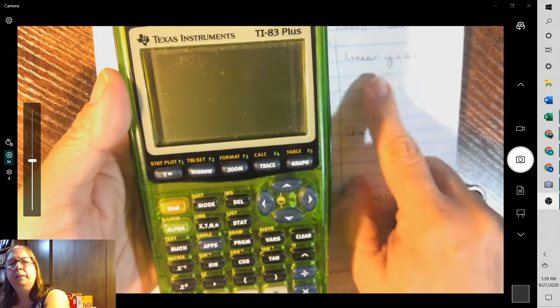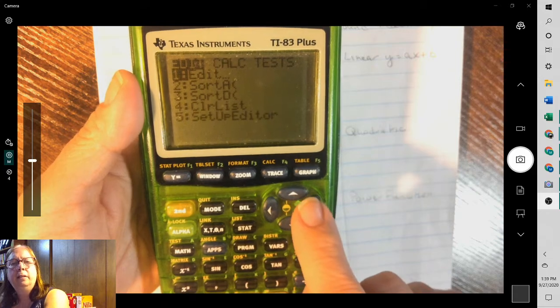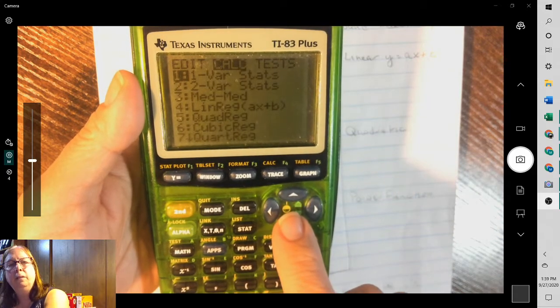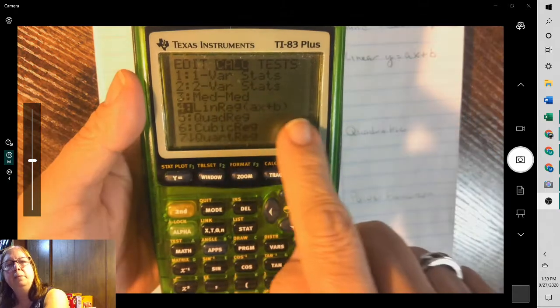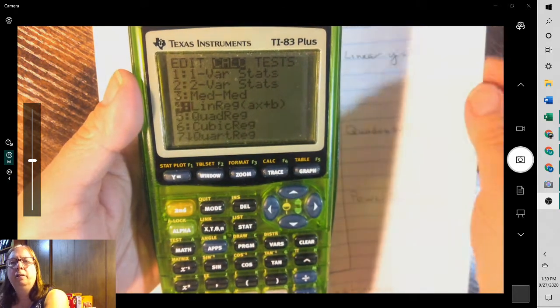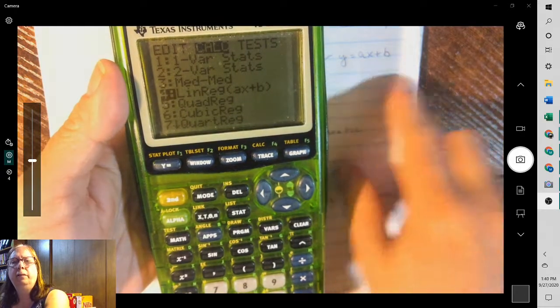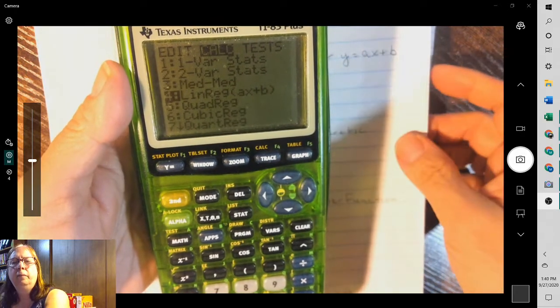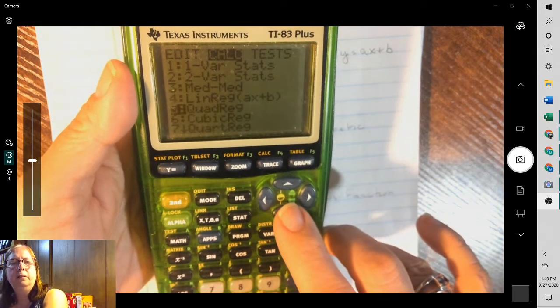First one we want to find is linear. So we go under Stat, go over 1 to Calc, and then you want to find the linear. See, this linear has ax plus b. That's why I put ax plus b here. Now there's another one. If you go down further, that's linear.